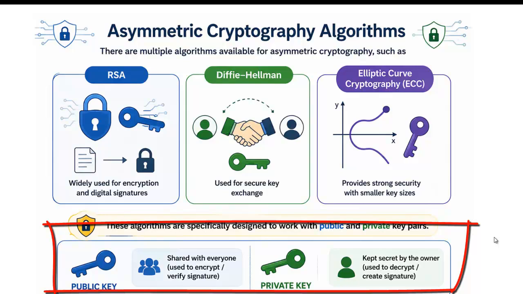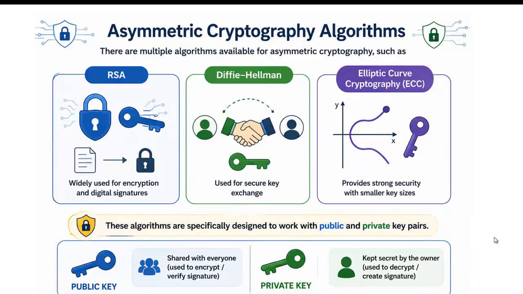Any of these algorithms can be used depending on the application and security requirements. But in this example, we are not focusing on a specific algorithm implementation. Instead, we are understanding the overall concept of public and private keys and how they are used to achieve confidentiality, integrity, authentication, and trust in secure communication.